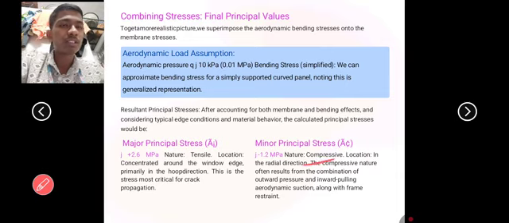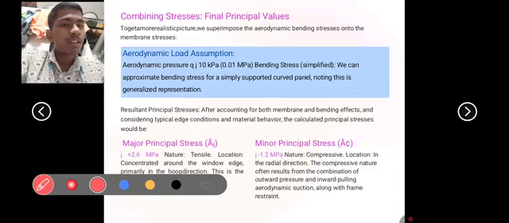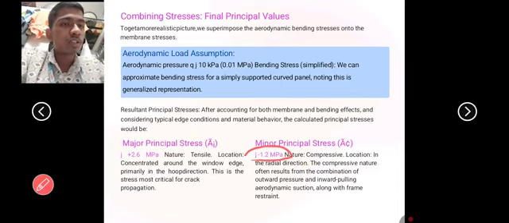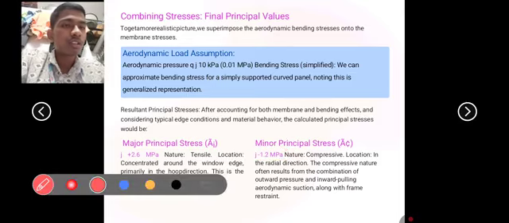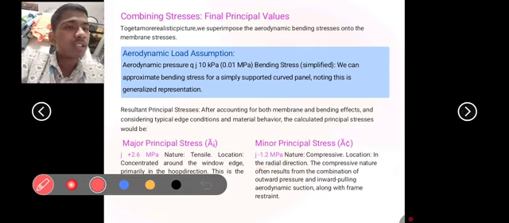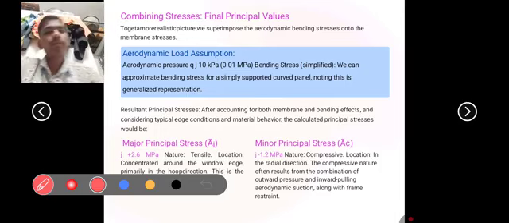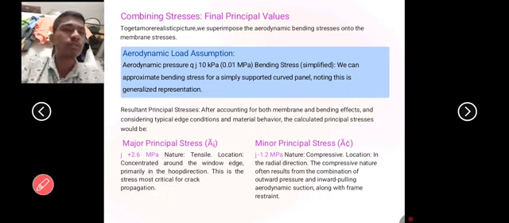Minor principal stresses are minus 0.02 to minus 1.2 megapascals, nature compressive, location in the radial direction. The compressive nature often results from the combination of outward pressure and inward-pulling aerodynamic suction along with frame resistance.